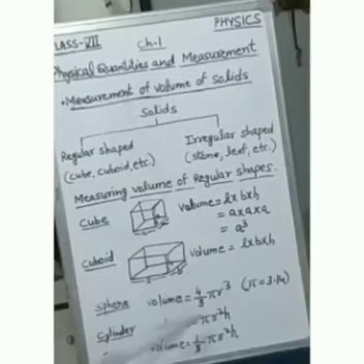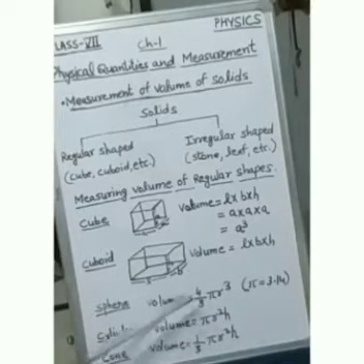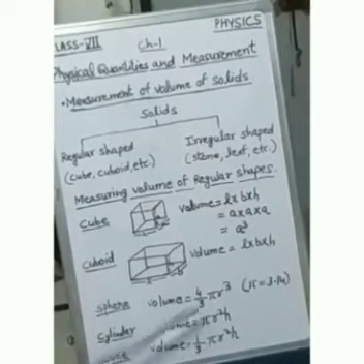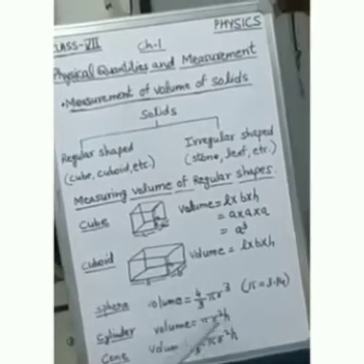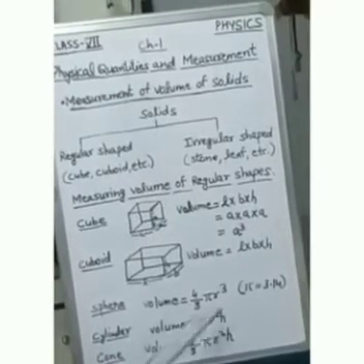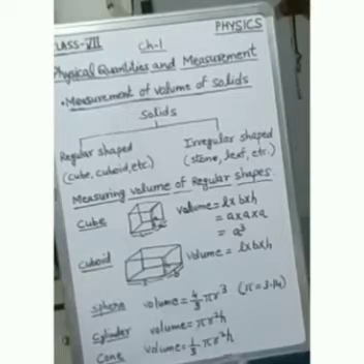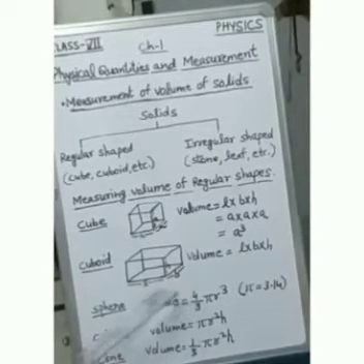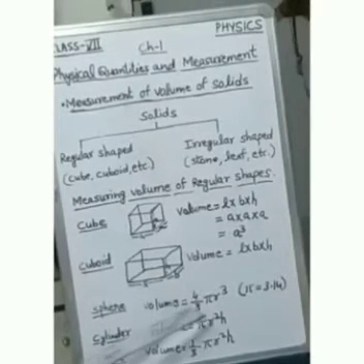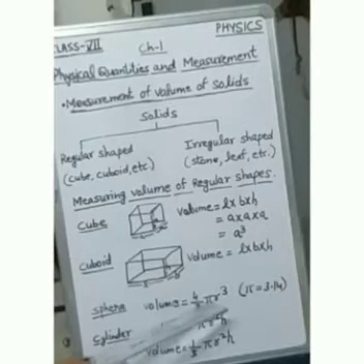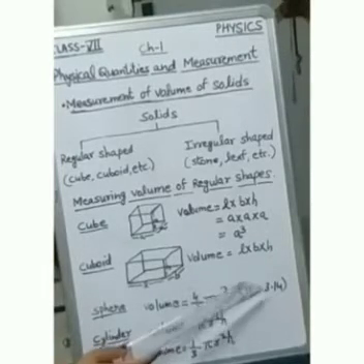And students, there are some formulas which you need to learn because you will study these further in your maths and all. Sphere, volume of sphere will be 4 by 3 pi r cube. This is the sign of pi.